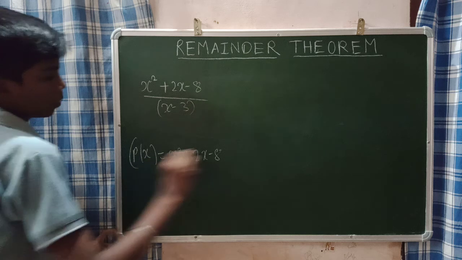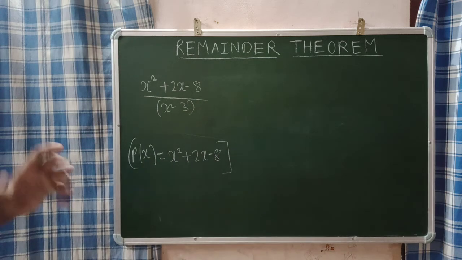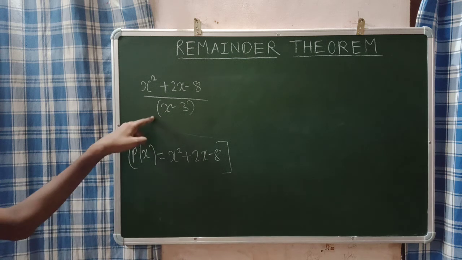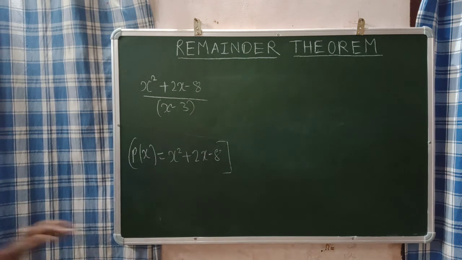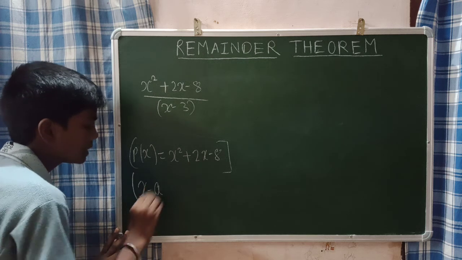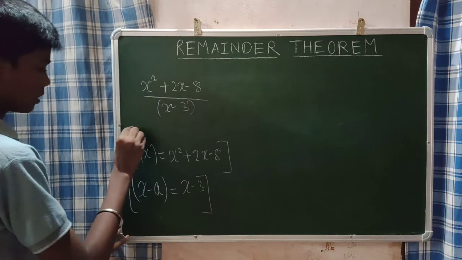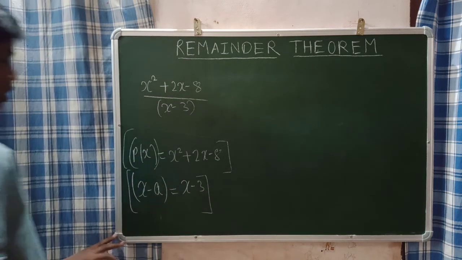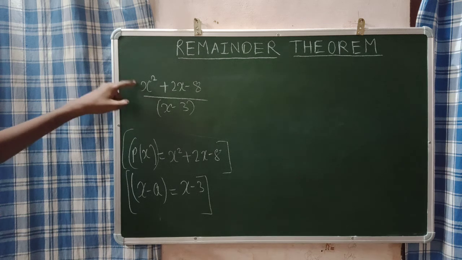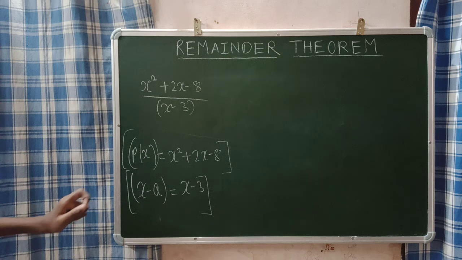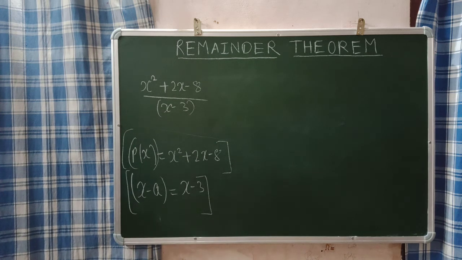As I told earlier, the numerator is your P of x and the denominator is your x minus a. Here x minus a is x minus 3. So P of x is the expression in the numerator, and x minus a is the binomial in the denominator, and that is where you will use the remainder theorem.